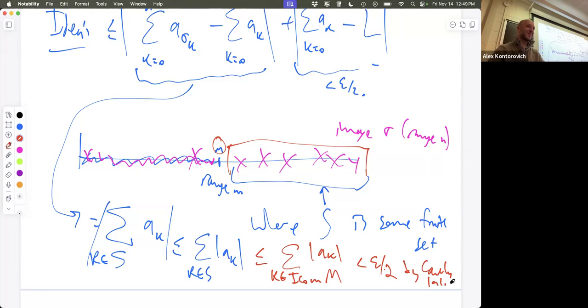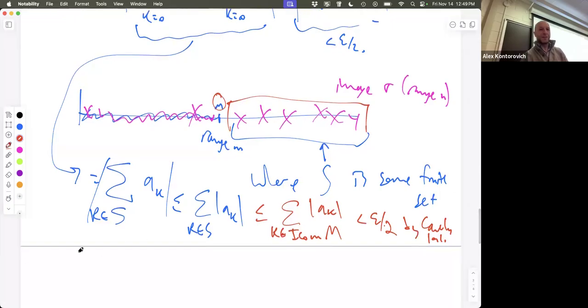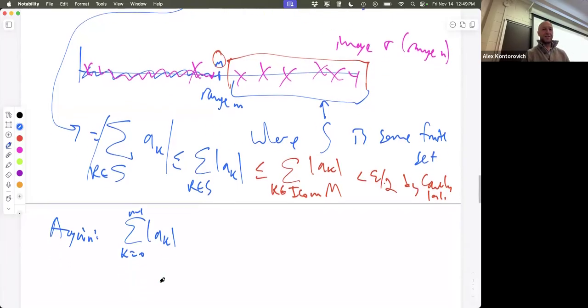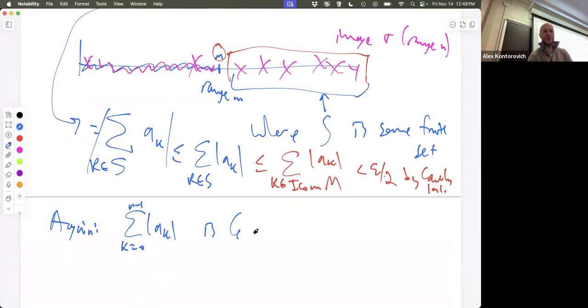Daniel. Wait a little more. So the fact that the series is Cauchy, let's remember what that means. Let me go back to a normal color. The sequence of sums of a k as k goes from 0 to n minus 1 is Cauchy. That means for all epsilon, there's an n, and so on.